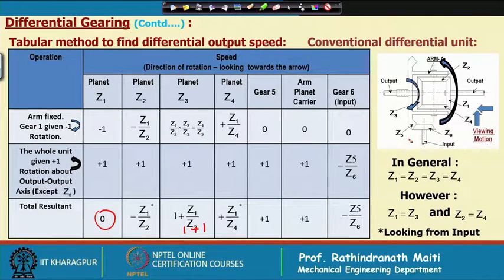If it is rotated in the opposite direction, this will go in one direction. If it is rotated in this direction, this will go in the other direction.